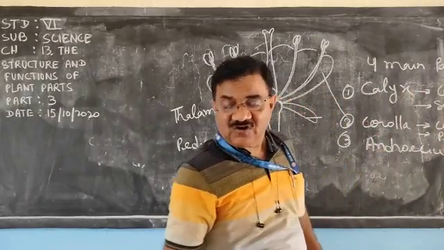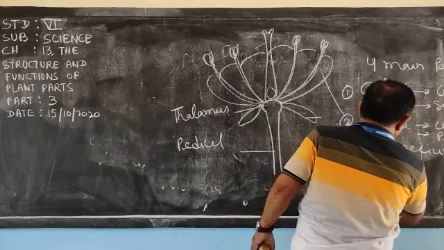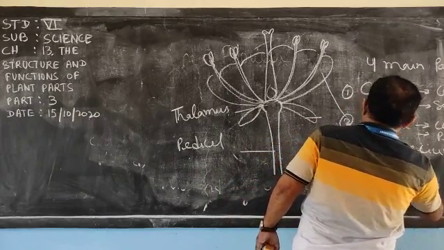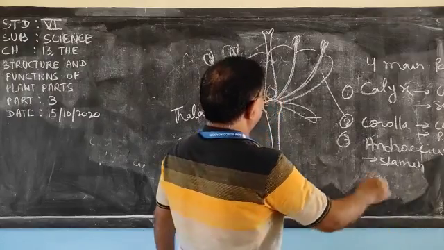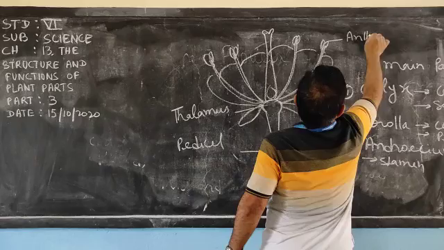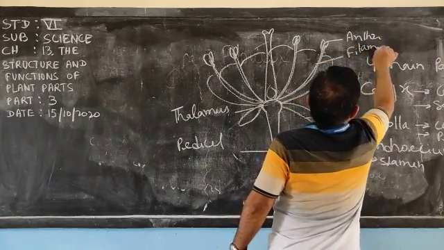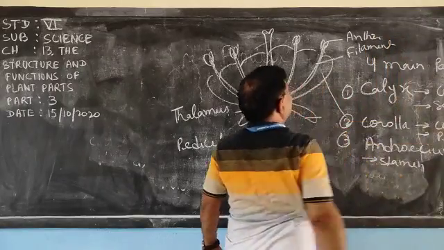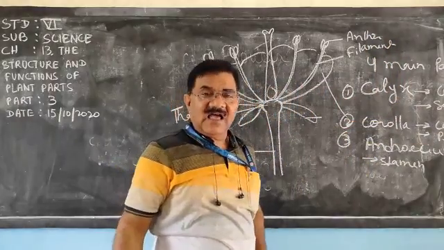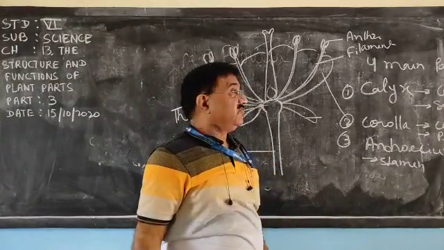One unit is called a stamen. In the stamen, what can you see? This is the anther, and this one is the filament. So anther and filament are the parts of the stamen, and many stamens together are called androecium.